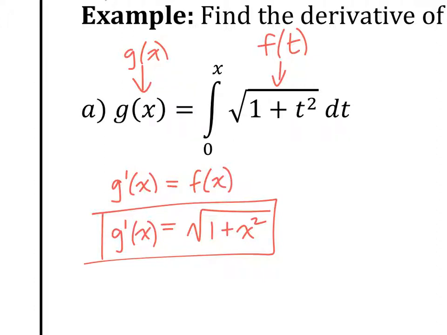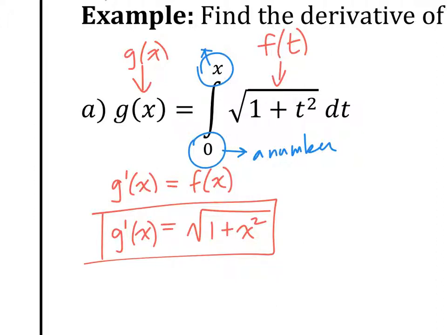But there are some addendums. First, this lower limit has to be a number. That way, when you take the derivative, it's gone because it's just a constant. The top part has to be a variable, and that variable is just one variable.